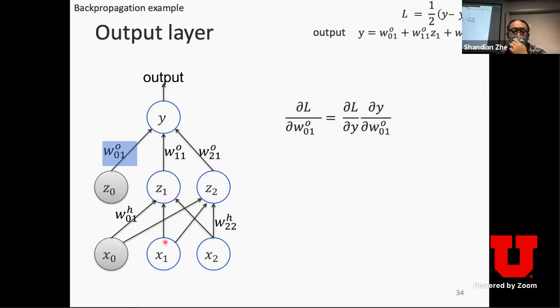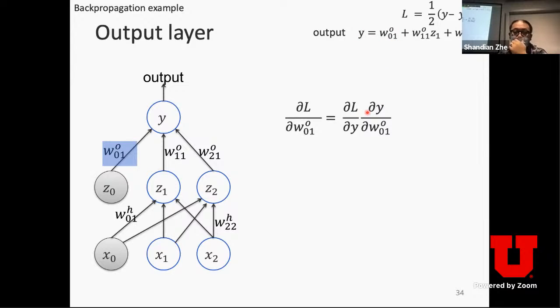Okay, let us continue with this. If we want to compute partial L over partial this edge weight, we apply the chain rule. L is directly dependent on the output node Y, so you first calculate partial L over partial Y, then times partial Y over partial W0 and O. Our output is computed by a simple linear combination of the neurons in the hidden layer with those weights, so it's pretty straightforward to compute partial Y over partial W010.